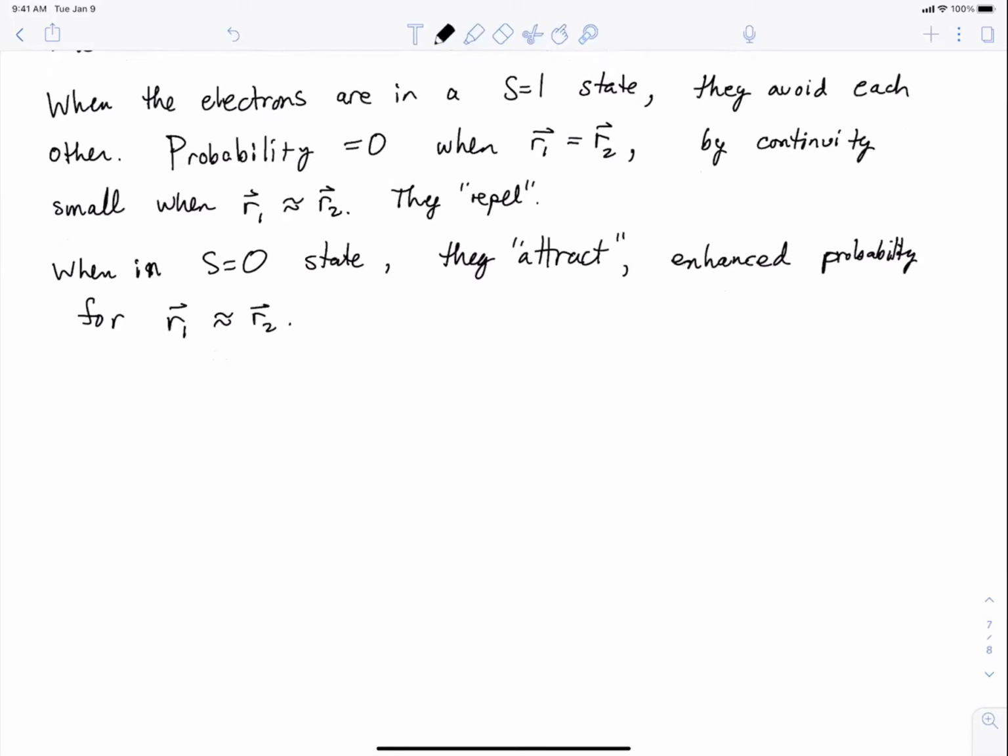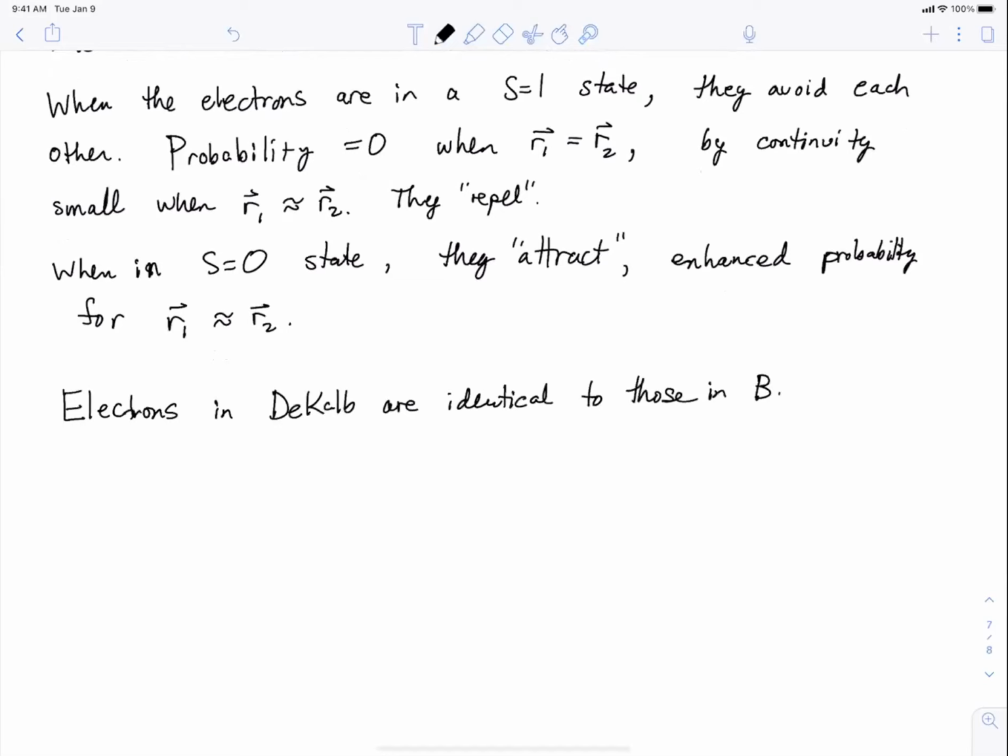So let's consider the fact that electrons in DeKalb are identical to electrons at Fermilab, and figure out why it is that in everyday life we don't have to worry about this.